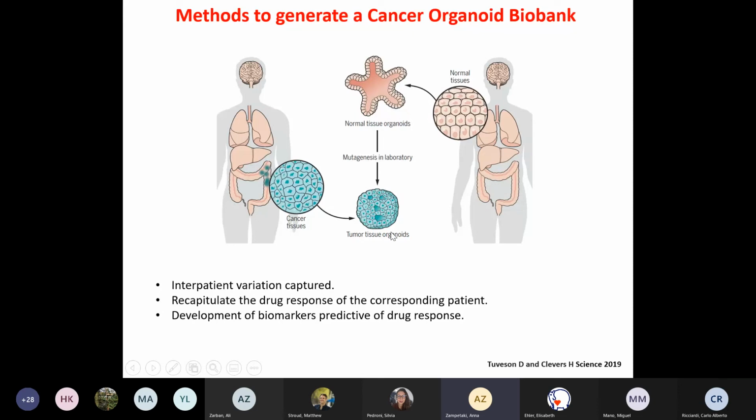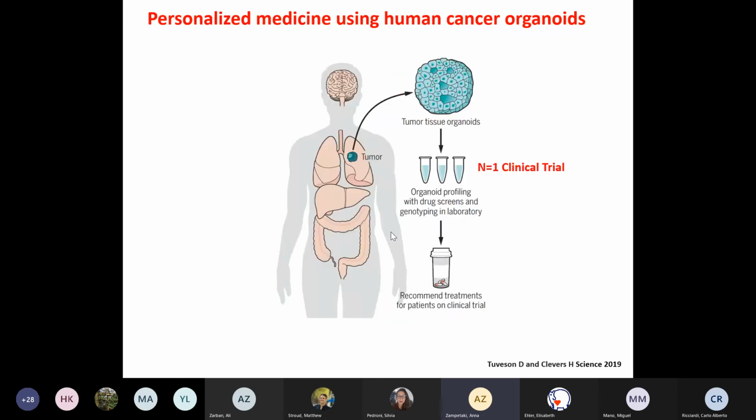And this approach really captures the inter-patient variability. It can also recapitulate the drug response of the corresponding patient, and also can be used for the development of biomarkers predictive of drug response. So this is a personalized approach.